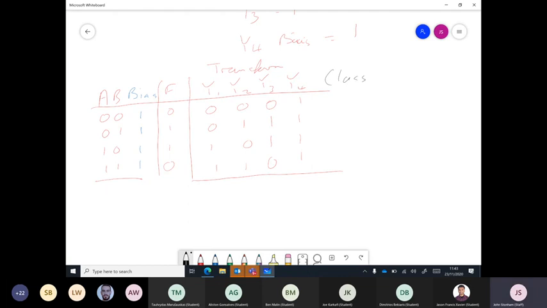So let's have the outputs that are 0 as being negative, and the ones that are 1 are positive. So that is the decision coming from the net to implement the XOR. Right, what weight vector would solve this?